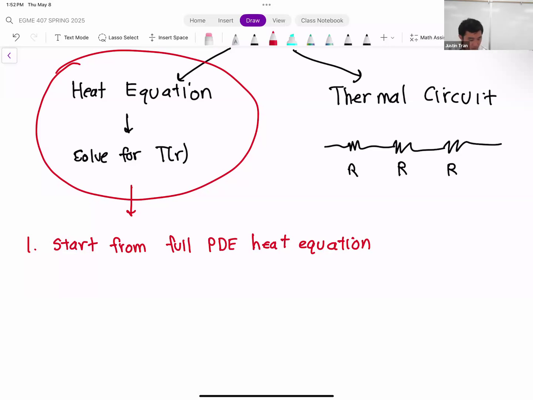Now there are a couple forms of this, and so remember there's a form for cylindrical coordinates and a form for spherical coordinates.